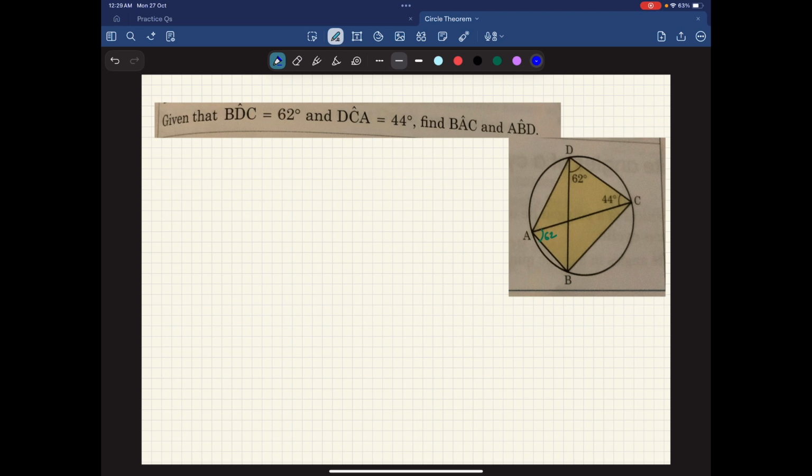Now let's have a look at chord AD. So angles made from the ends of the same chord at the circumference. If this is 44, what is another angle made from the ends of A and D? So from A the line is coming, and this is D. So this angle is going to be equal to 44.